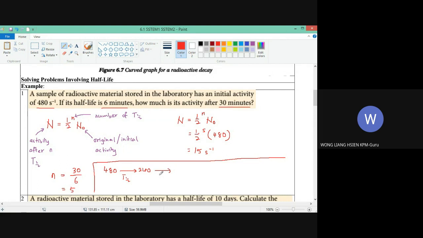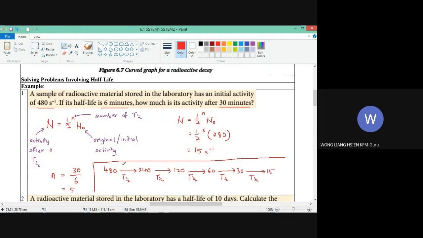After another half-life, you divide by 2 again, so you get 120. After another half-life, it becomes 60. After another half-life, it becomes 30. After another half-life, 15.